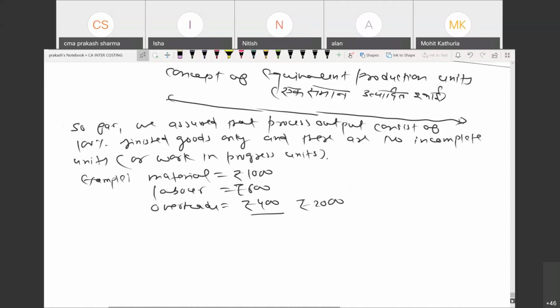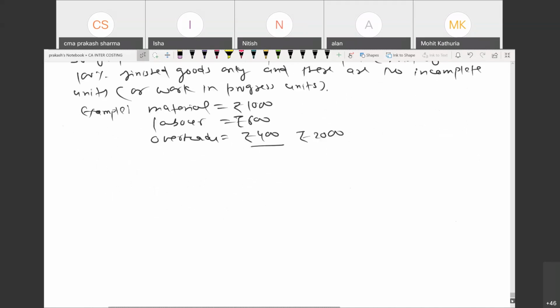If you ask me, sir, what was your expected output? So I tell you that my output consists of 5 units, and all these units are fully complete. Let me shade this with different color. All these units are fully complete, sir.